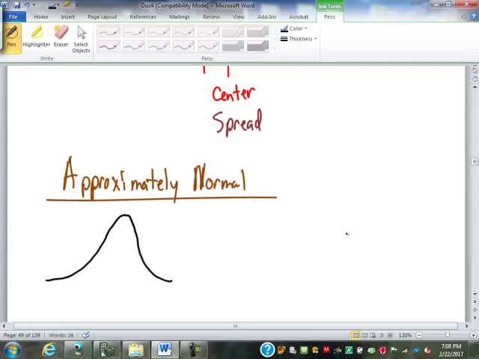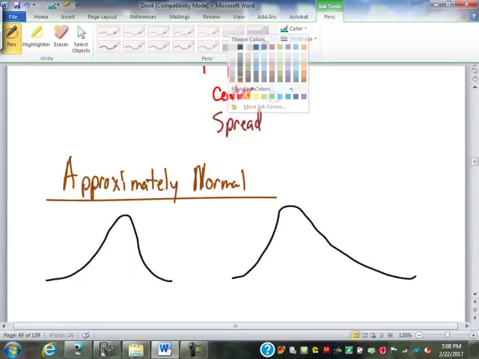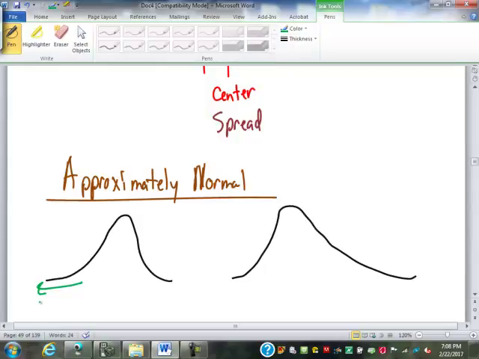This one looks like it's leaning a little bit, and this one's going to as well. This one is stretched out to the left, so it is what they call skewed left. This one is stretched out on the right side, so that's what they call skewed to the right.